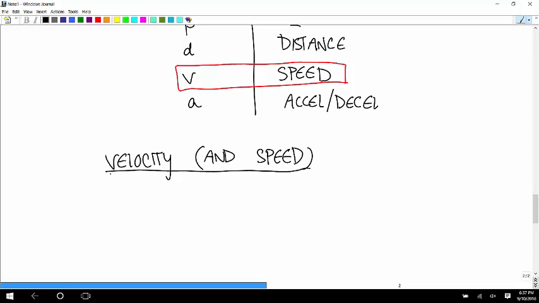I'm going to talk about velocity in 2 steps. First, I'm going to define average velocity. And then I'm going to define instantaneous velocity.